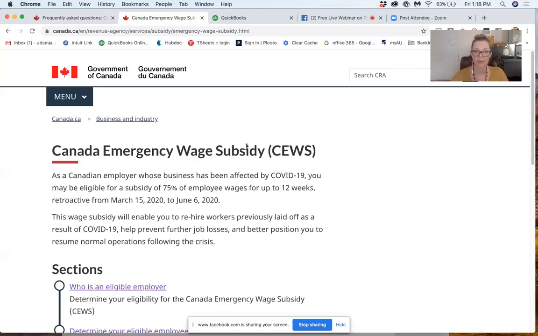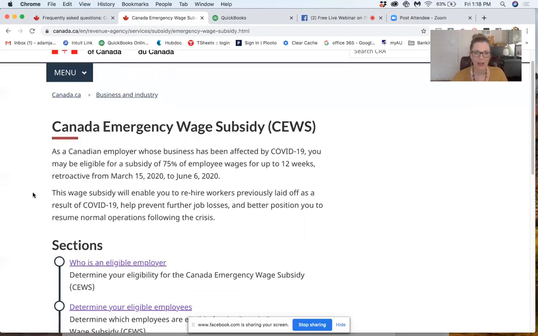But if I was a business owner, I would prefer to use the one that's being developed and given by CRA, because then if there are any errors in the calculations, you've used the version that they gave you to the best of your ability. And we're going to go through an example of at least what my interpretation is of how exactly to calculate it, which I believe is accurate.